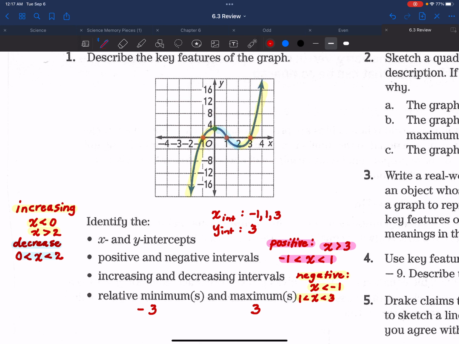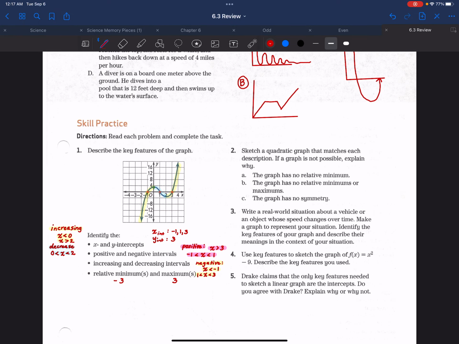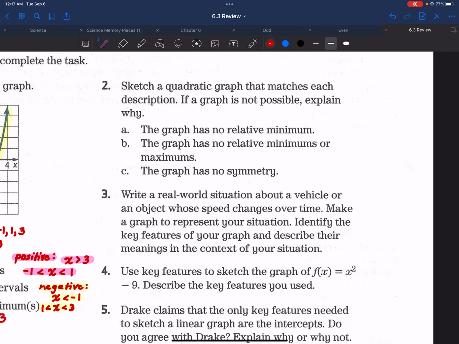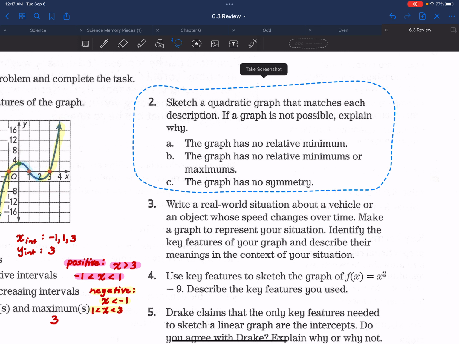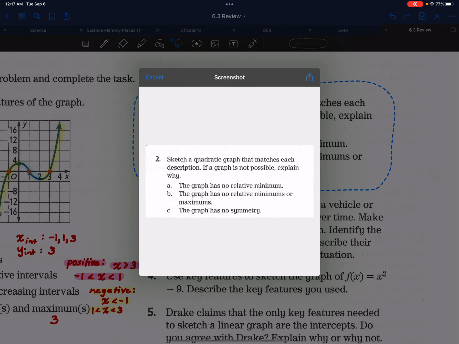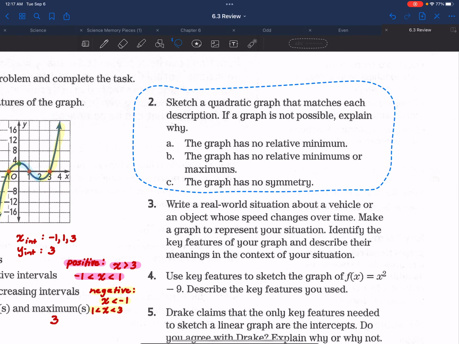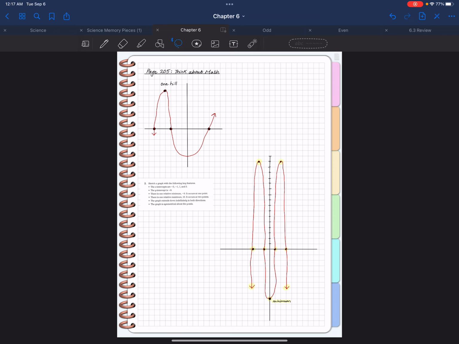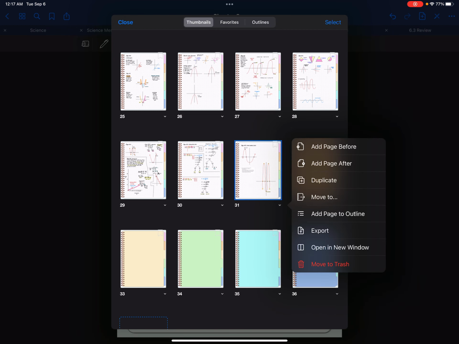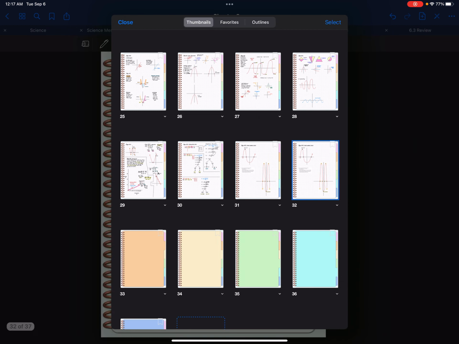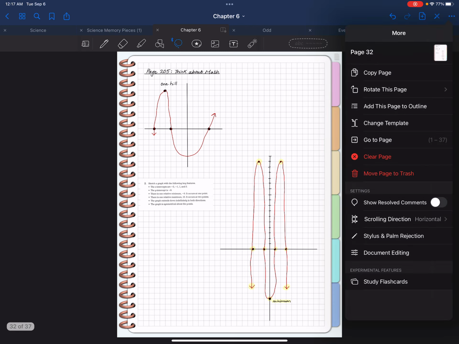All right. Number 2. I've got to sketch a graph, so let me take this over to the notebook. Let me make a new clean sheet of paper and erase all that.